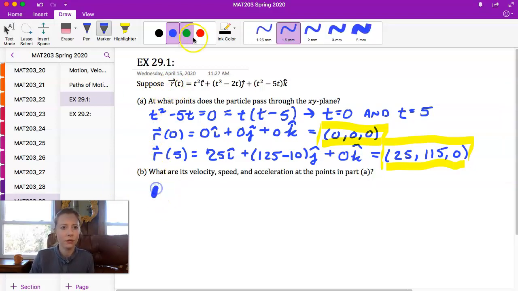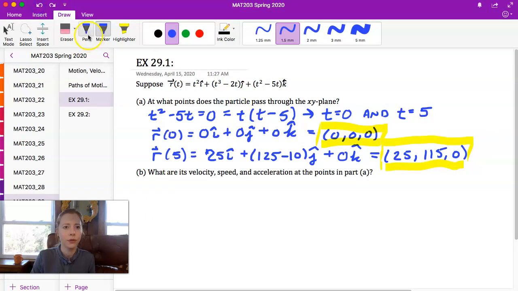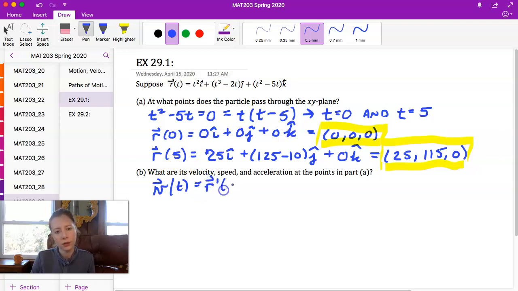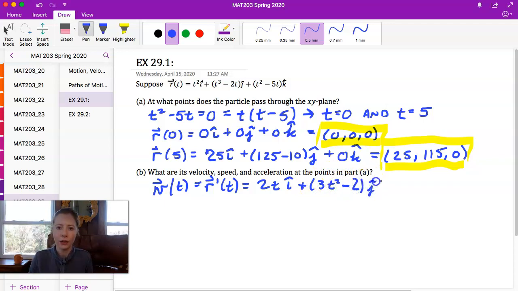So velocity is 2t i hat plus 3t squared minus 2 j hat plus 2t minus 5 k hat.